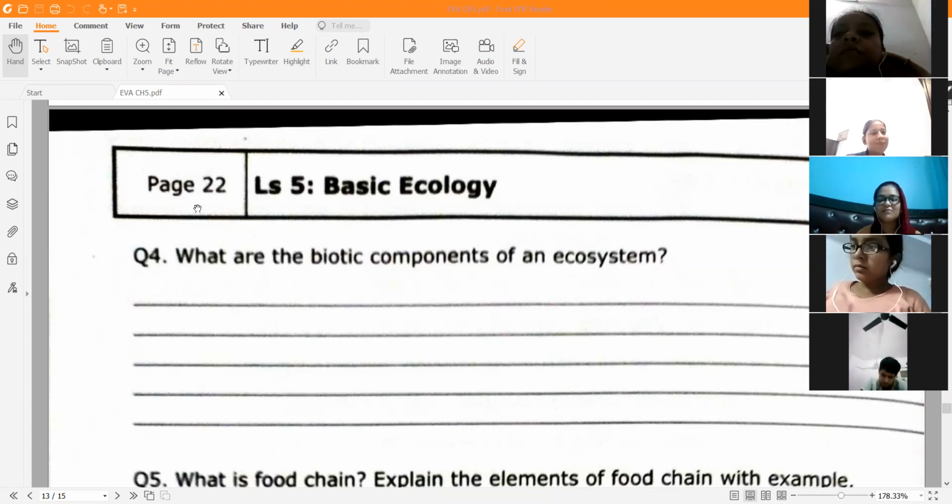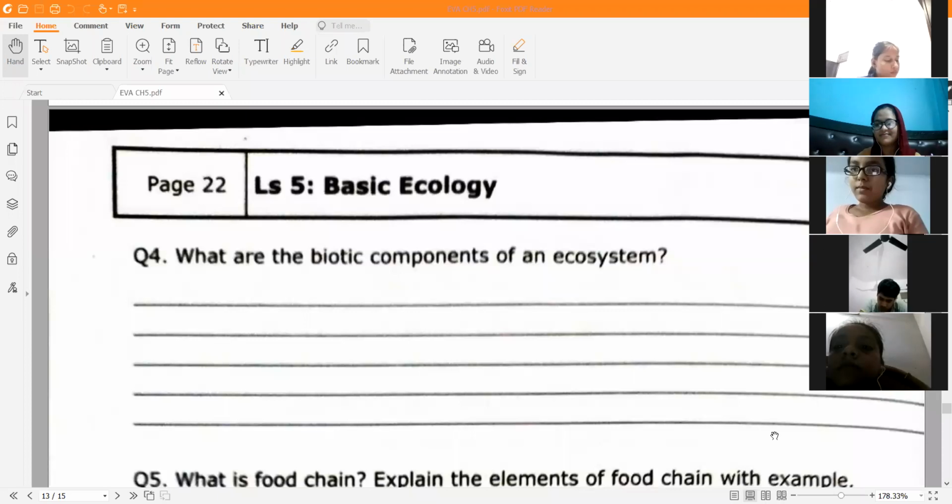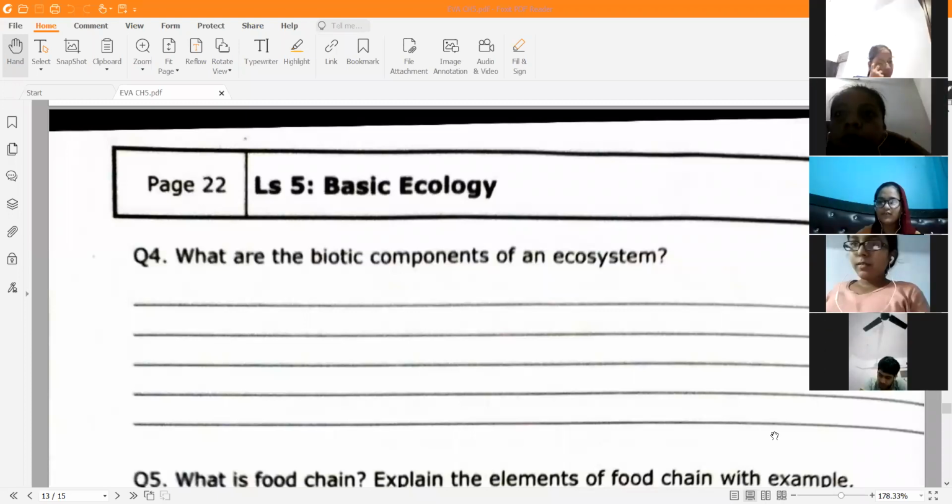Let her get her attention back. What happened, Neha? It's on page 44. I'm telling you.